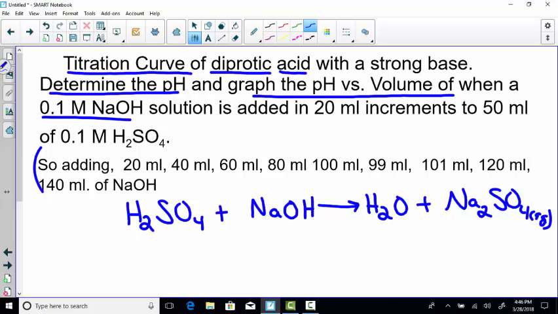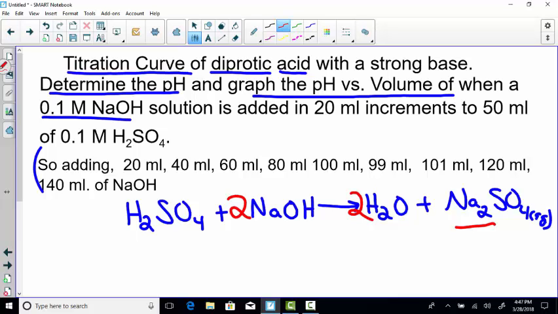Now, we need to balance this equation because we have two Na's here, so we need to put a 2 in front of the NaOH. And we have a total of 4 hydrogens, which means we're going to need to put a 2 in front of the H2O. That pretty much balances our reaction.